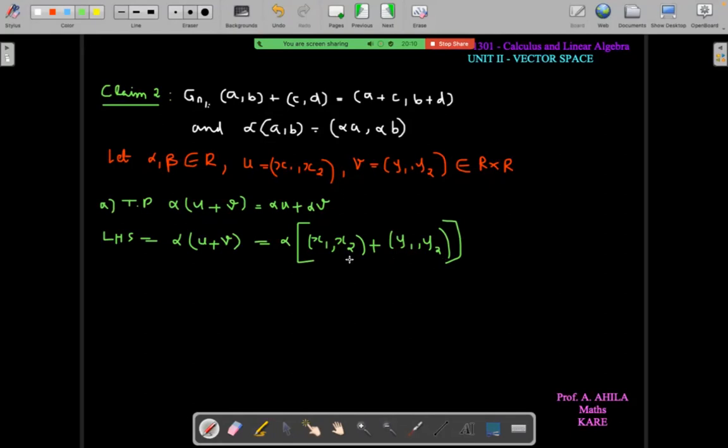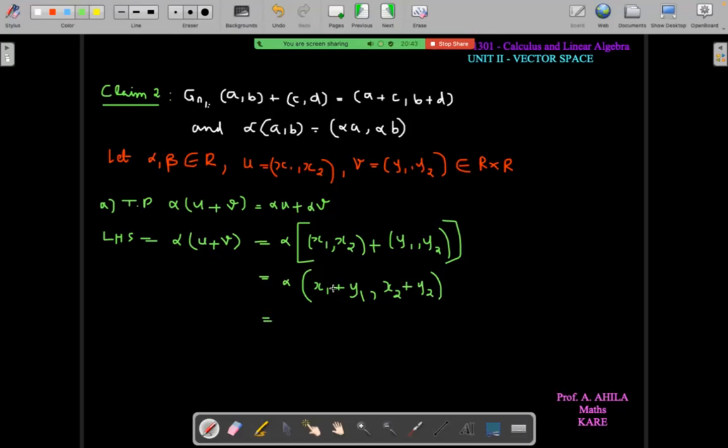Now we add these two elements first, then we apply the scalar multiplication. So alpha into, when we add, we get the first element as x1 plus y1 as per definition. We need to add the corresponding elements here, comma, the next x2 plus y2. Okay, now we make a scalar multiplication.